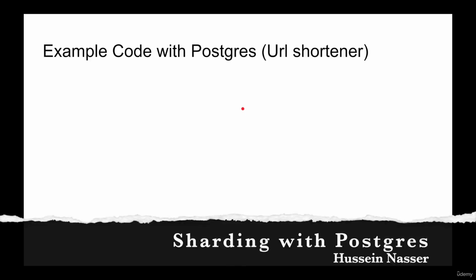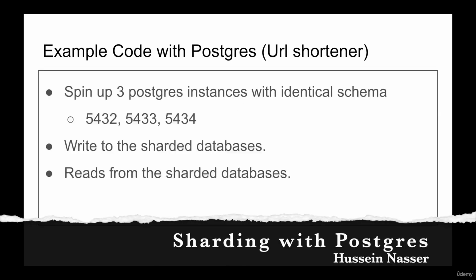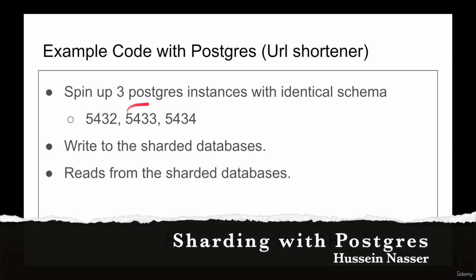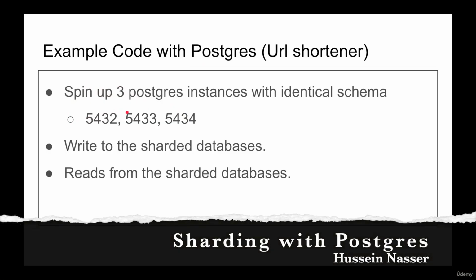How about we build something, guys? Here's what we're going to do. We're going to spin up with Docker 3 Postgres instances running on ports 5432, 5433, and 5434. And when we spin up each Docker instance, we're going to initialize the database with a table.